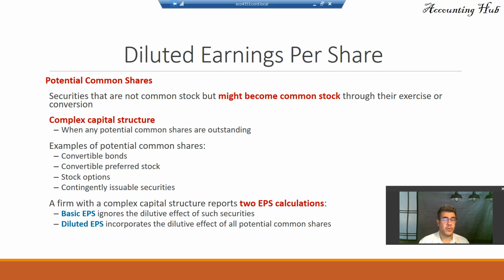Examples of potential common shares: convertible bonds, convertible preferred stocks, stock options, contingently issued securities. A firm with a complex capital structure reports two EPS calculations, the basic and diluted. Basic ignores the dilutive effects of such securities, and diluted incorporates them.